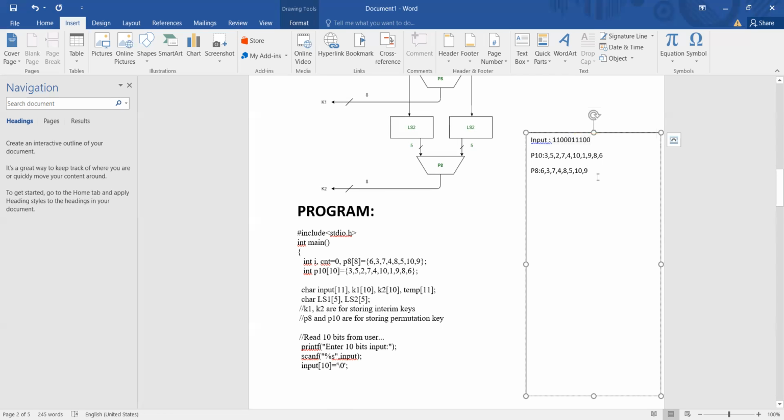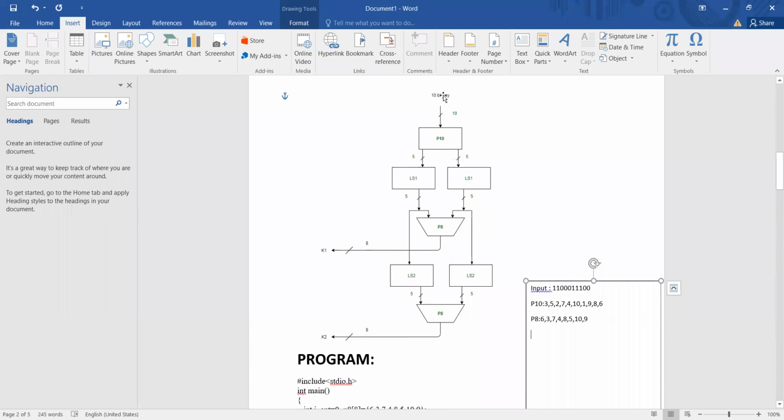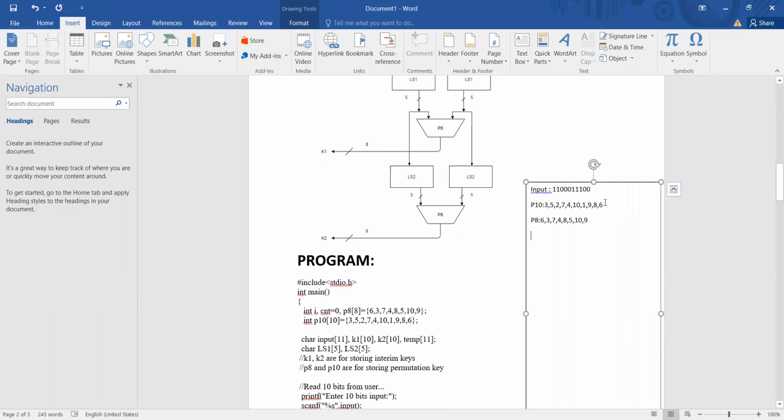Okay, so we have to rearrange this input. As I said, it is a 10-bit key, and we are going to convert it using P10, where the P10 array elements are used here.